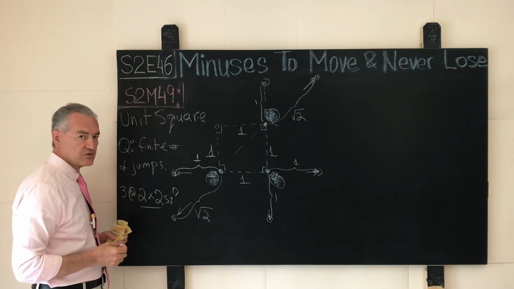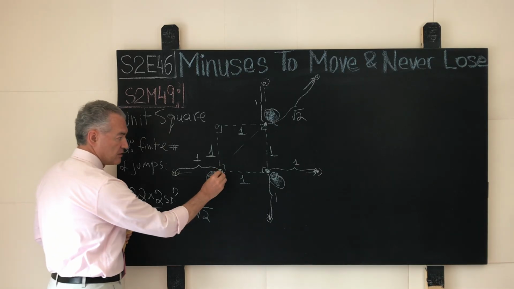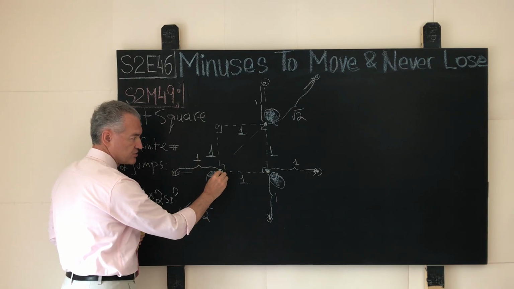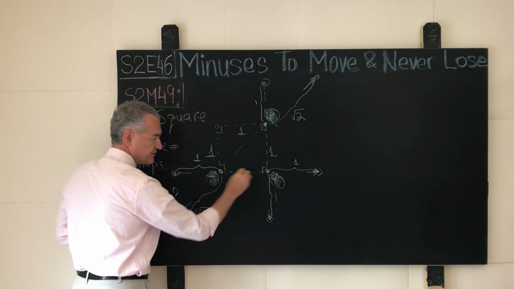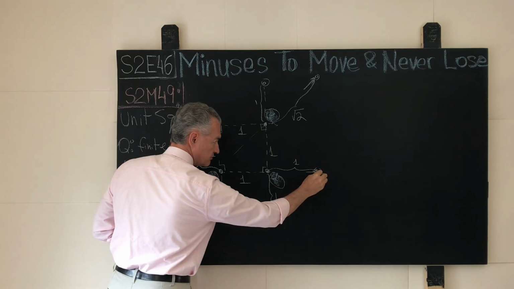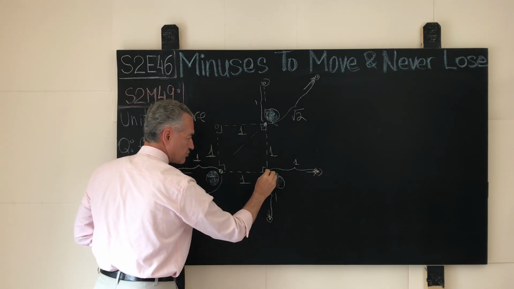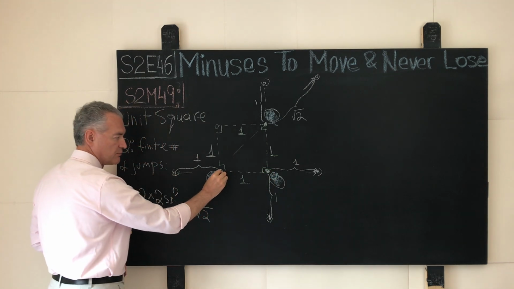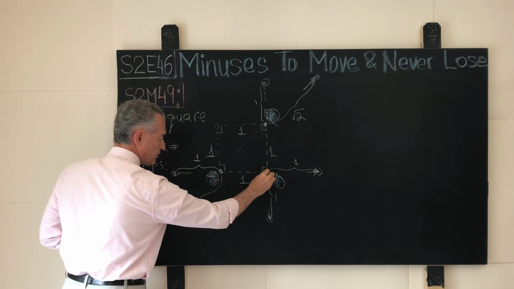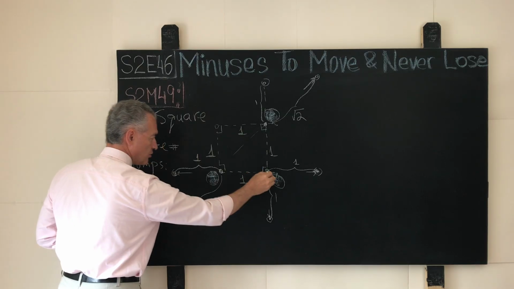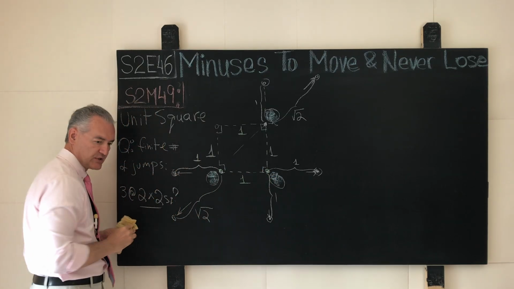The possible legal jumps over here are the following. The bottom left grasshopper can jump over the bottom right by the distance of 1 over here, like so. And consequently, the bottom right grasshopper can jump over the bottom left grasshopper, the distance that separates them, 1 over here, like so, to this destination.